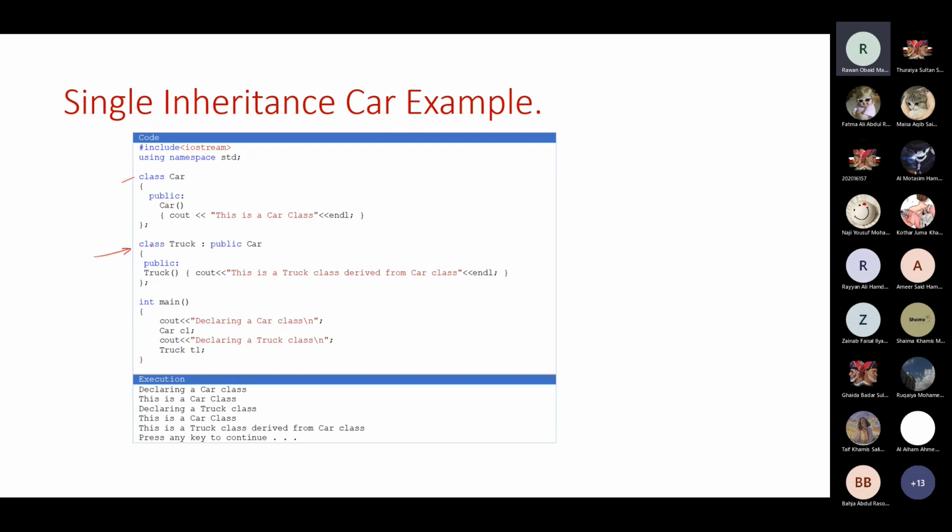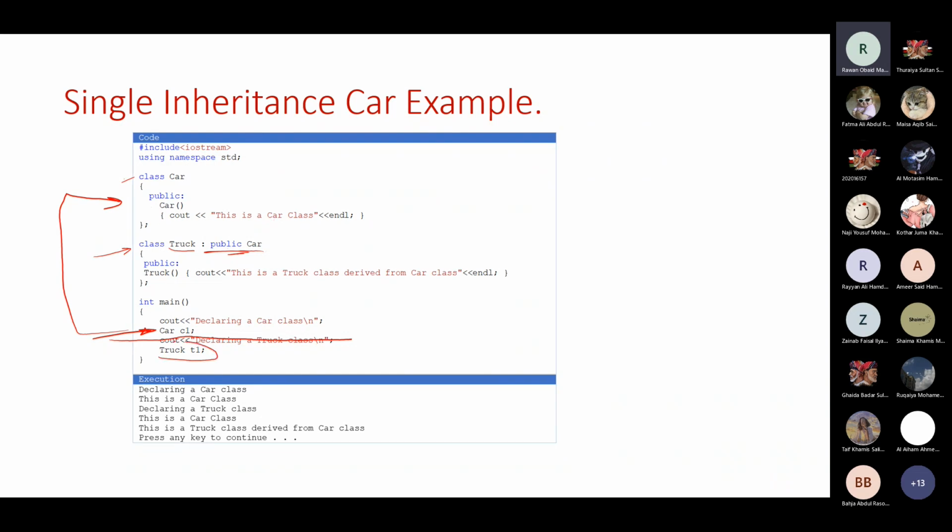And when I declare a variable here, I define a new class truck, public car, inherits from public car, and public truck, cout, this is a truck class, etc. Then when you define a car, all right, what will you get? When I define car, it will go there to the car and print, this is a car class, and that's it.